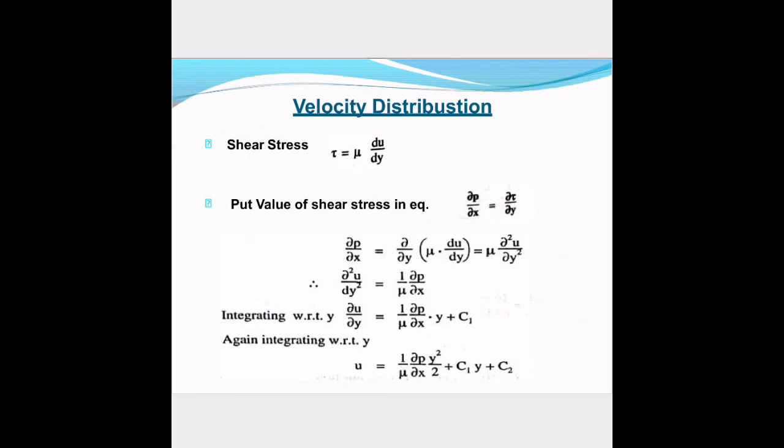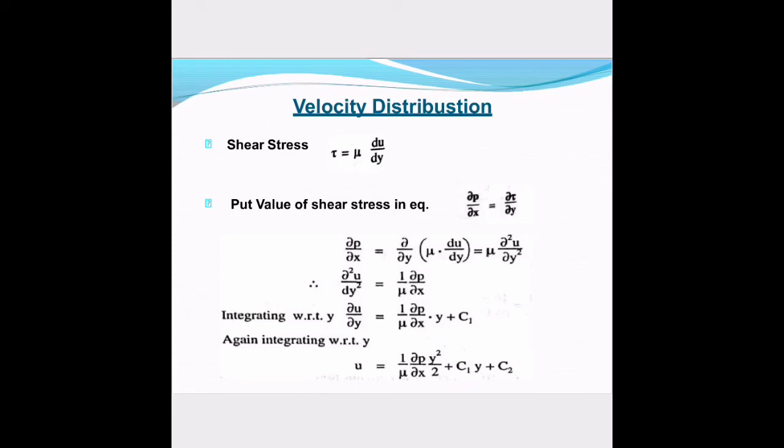After integration, you will get del u by del y equal to 1 by mu del p by del x y plus c1. One constant will come after this integration.